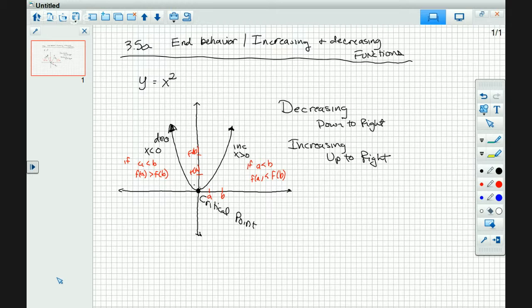So if a is less than b, f of b is less than f of a. Any questions about increasing or decreasing? Make sense? Up to the right, down to the right.